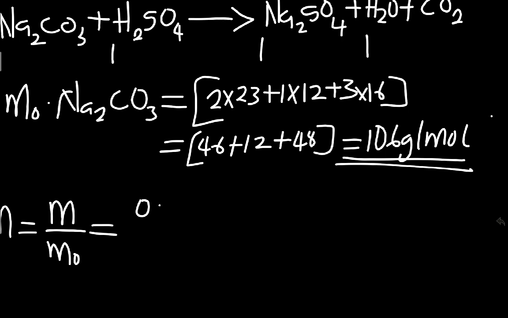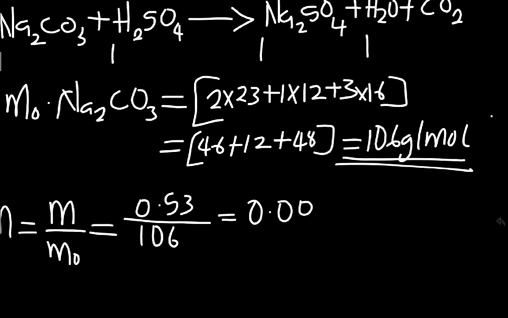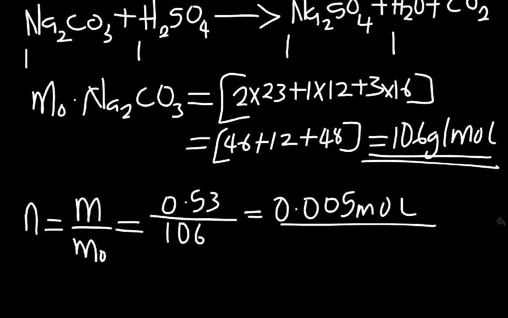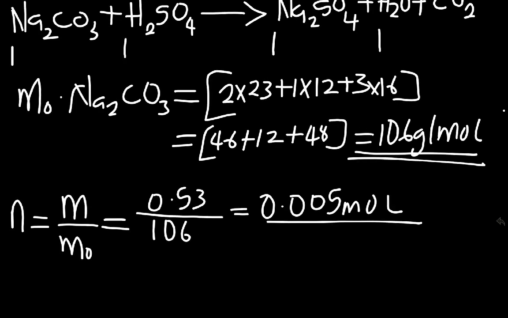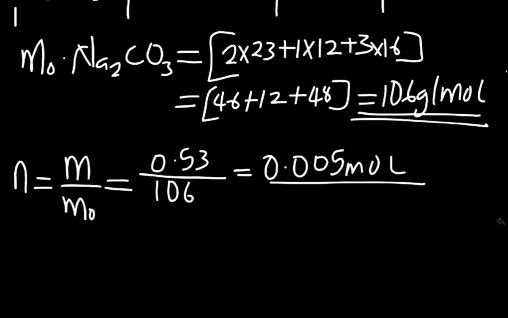We'll say 0.53 over 106. If you punch your calculator, I'm getting 0.005 mole. So this is the mole of sodium trioxocarbonate(IV).